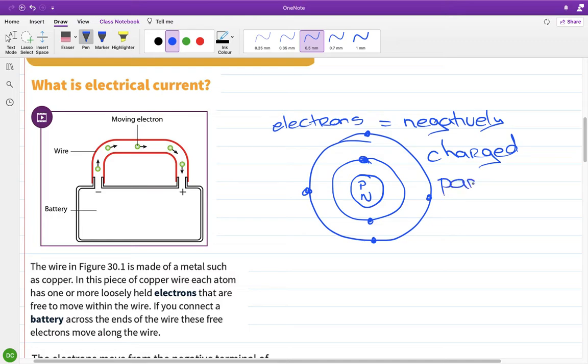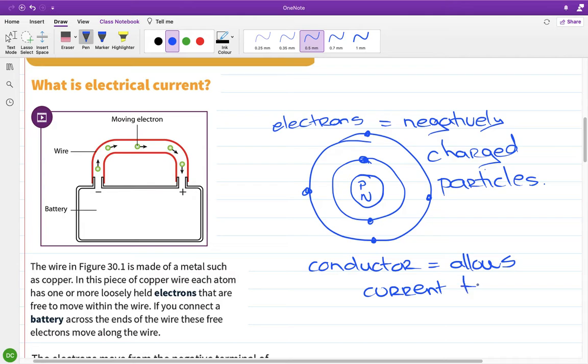Okay. And if you have an object, a wire, something like that, which is a conductor. Okay, so I'll show you a conductor in a minute, but a conductor allows current to flow. So if you have an object that is a conductor, the reason it's a conductor is because it has a load of free electrons.